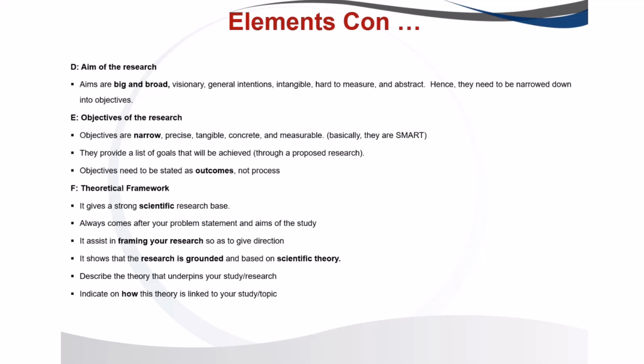You don't just bring this theory into your research proposal. You also have to indicate briefly how it talks to your research, and why this theory is important. You describe the theory itself, and for a research proposal, a paragraph or 2 will be enough. Then you indicate why this theory is linked or important in your research.